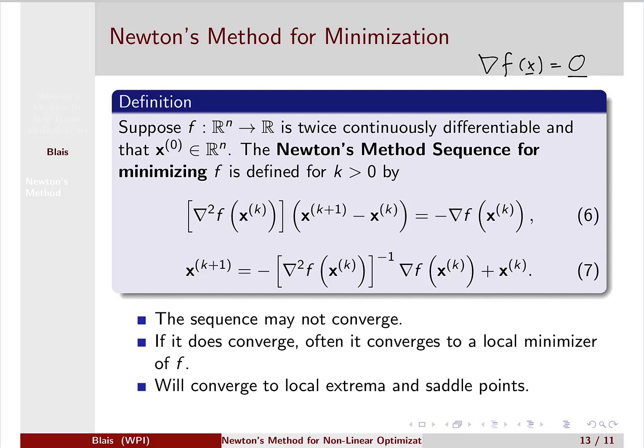It's important to recognize that this is a really important line search method for optimization. Many optimization routines will use this as a subroutine. So understanding how Newton's method works really is critical to understand how we find minimizers of optimization problems.